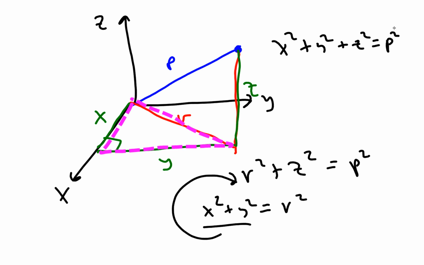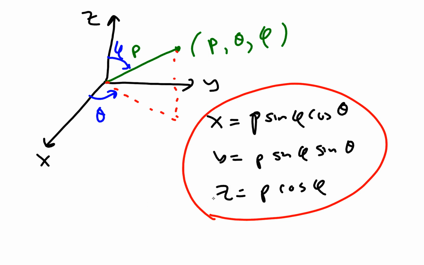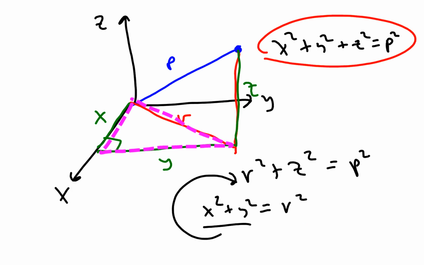So what I'd like to do now is take this 3D Pythagorean theorem in conjunction with the previously proved way of converting between rectangular coordinates and spherical coordinates, and show that these two things agree with each other by doing a little bit of algebra. So here we go. We're going to have x squared plus y squared plus z squared equals rho squared. And let's plug some things in here.